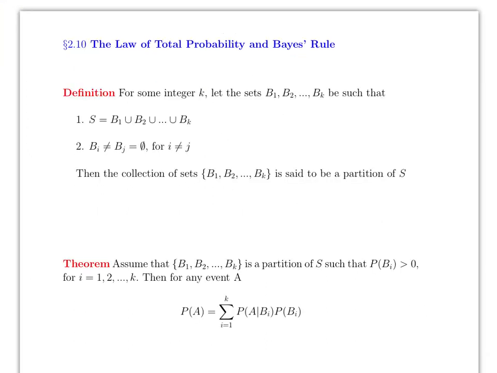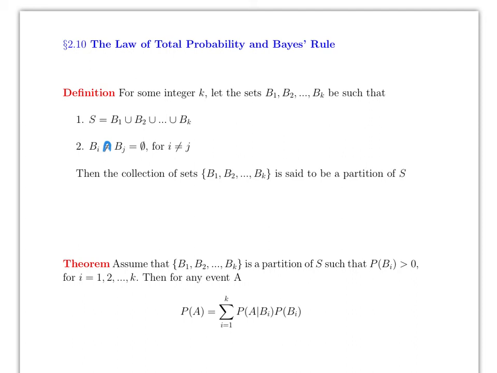Okay, so now let's go to the last section, which is section 2.10, the law of total probability and Bayes rule. What we did at the beginning of section 2.1 was a special case of this, when instead of having k events, you only have 2. So this is the definition we have. For some integer k, b1 to bk is said to be a partition if their intersection is empty, which means they are mutually exclusive.